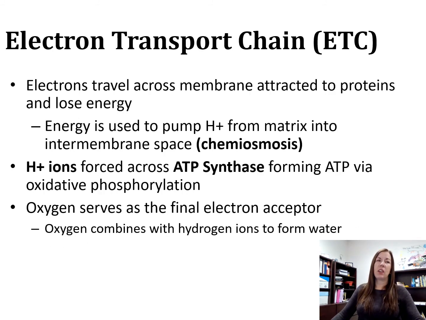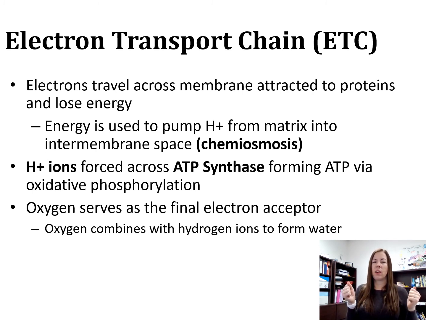So essentially, electrons travel across the membrane, they're attracted to proteins and lose energy. And that energy is used to pump hydrogens from the matrix into the inner membrane space, and that's called chemiosmosis. Those hydrogens then build up to high concentration, and those molecules are going to want to go from high concentration to low concentration.